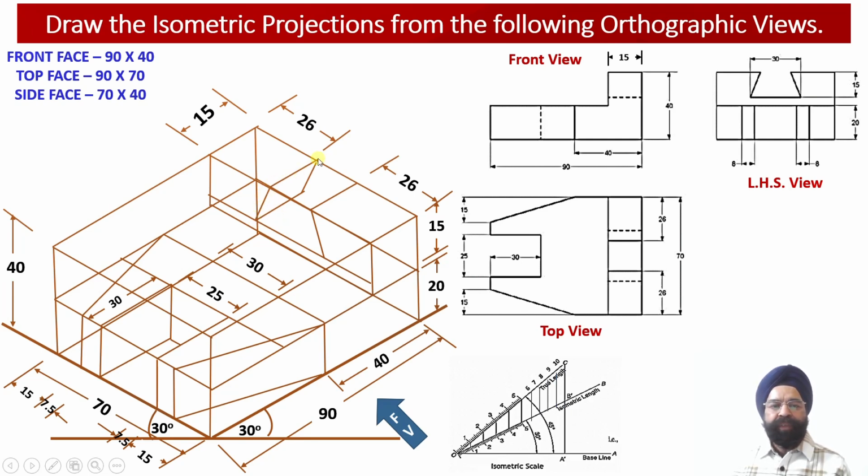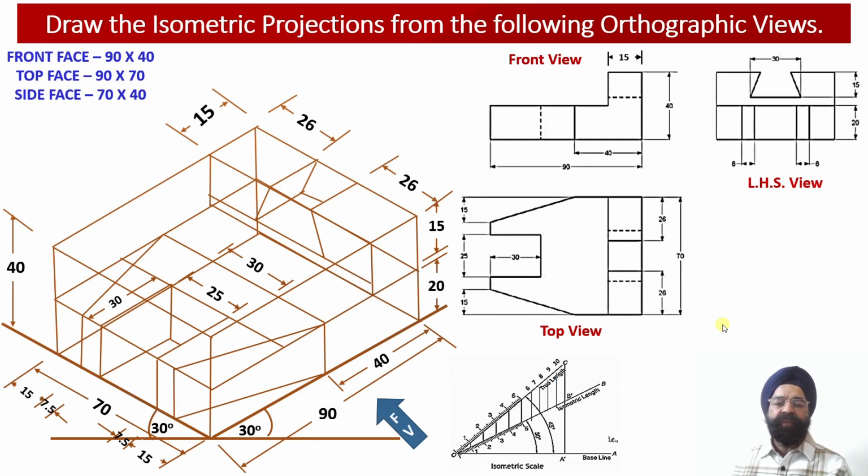From the rear end of this particular slot, a projection line parallel to this face we are going to obtain, and from the top face another isometric projection line we are going to obtain over here, and one more isometric projection line we are going to draw parallel to the x-axis, so that the rear portion of this angular slot we are able to complete corresponding to this edge, and this edge. So this way we have been able to complete the construction of 3D isometric projections corresponding to this engineering object.